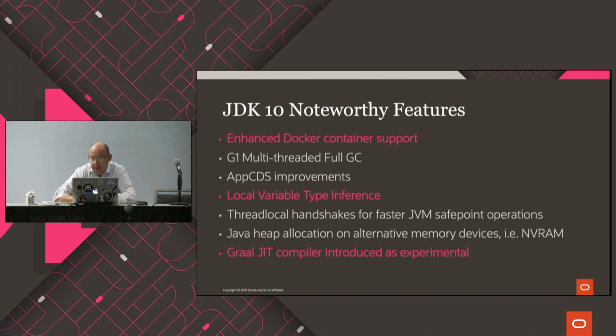Also, we introduced in 10 our next-generation compiler, the Graal compiler, a JIT compiler written in Java. It's available right now in 10. It's an experimental feature, so it's important that we get people turning on the flag, seeing how the Graal compiler behaves, and sending us feedback.